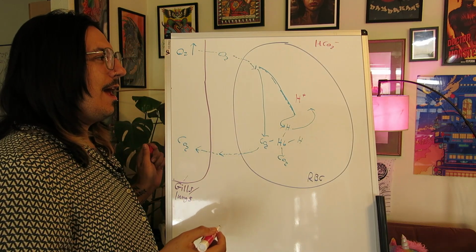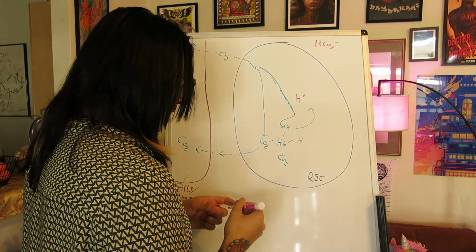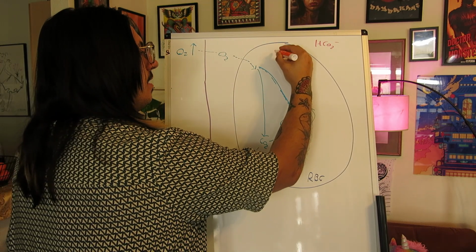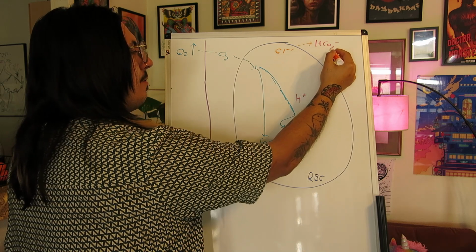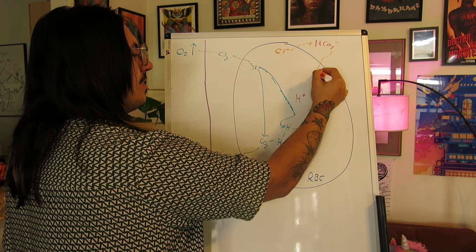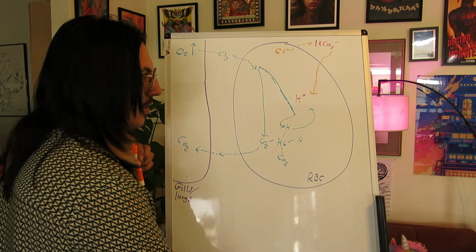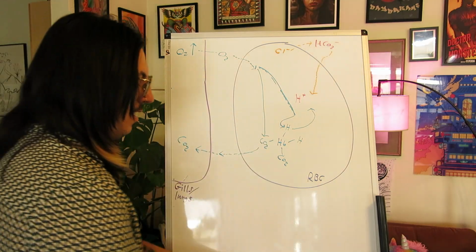And what's going to happen is another chloride shift in the red blood cell, where chloride is going to trade with bicarbonate, and the bicarbonate is going to come in right here. So we're trading chloride for bicarbonate again.